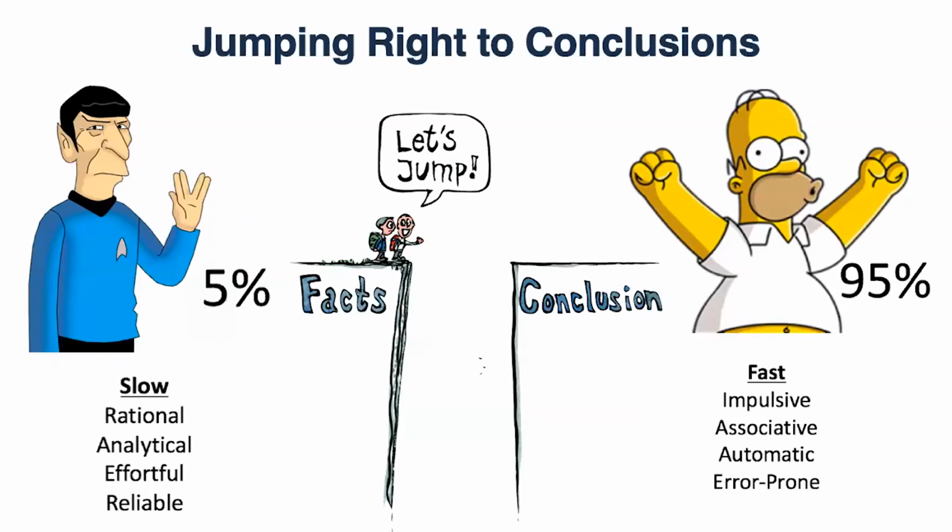At the same time, our lazy brains are built to jump to conclusions because it's more efficient. Sometimes when a tiger attacks, we don't have time to analyze. We just have to jump to a conclusion, run, and then we can stop and analyze. There's a concept like mind one and mind two, or slow mind and fast mind. Most of the time we jump to conclusions, and if we have more time, then we can reflect and analyze things.